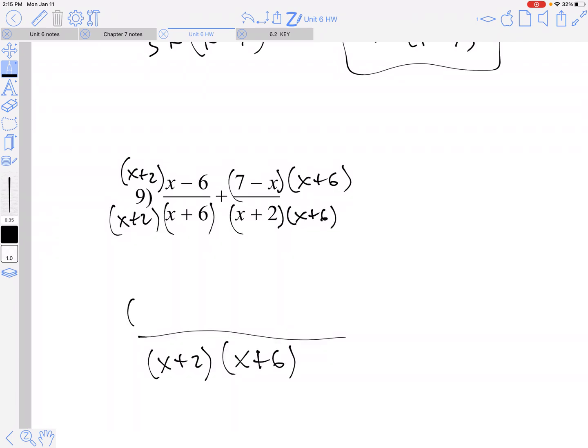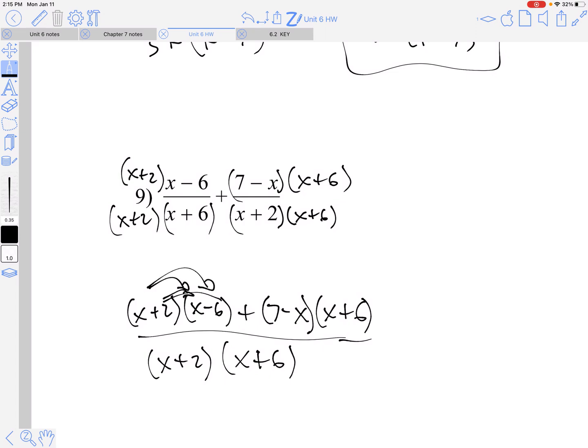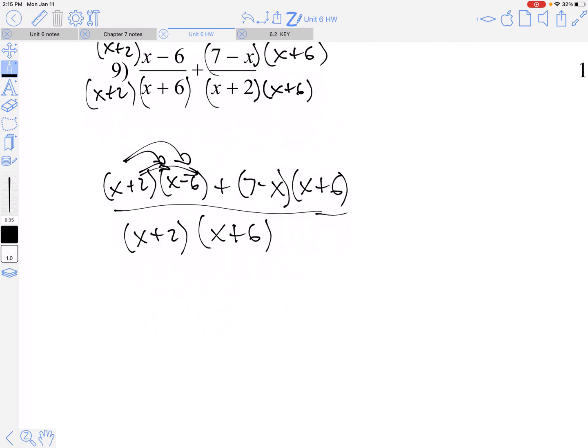And now the top is going to be kind of nasty. And I already did multiply this all out. So I multiplied these guys, right? Then I multiply those guys, and then I combine like terms. And in the end, like things are going to cancel out pretty nice, but I'm only going to get 3x plus 30.